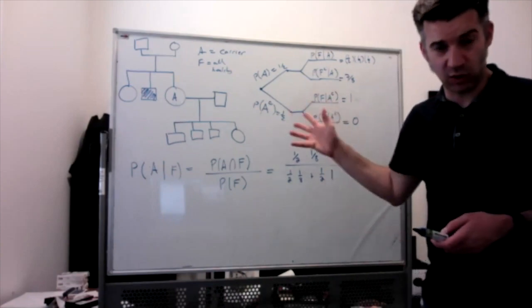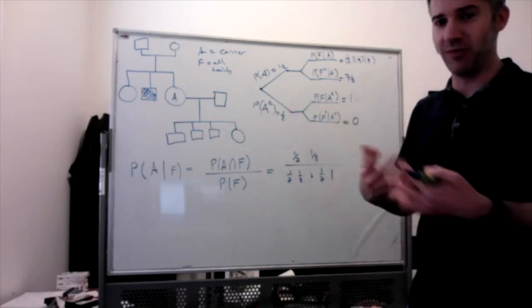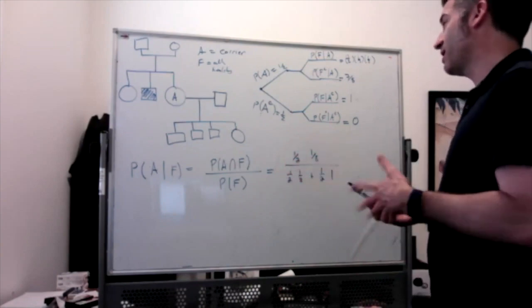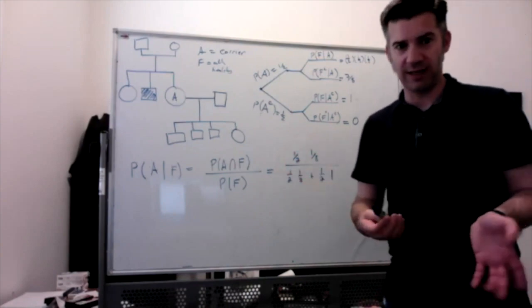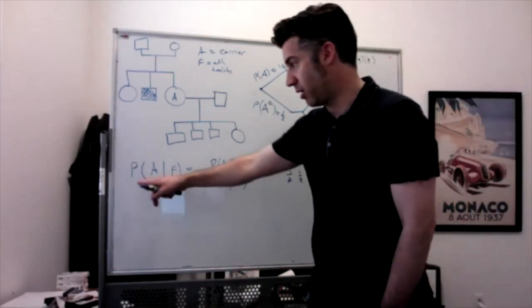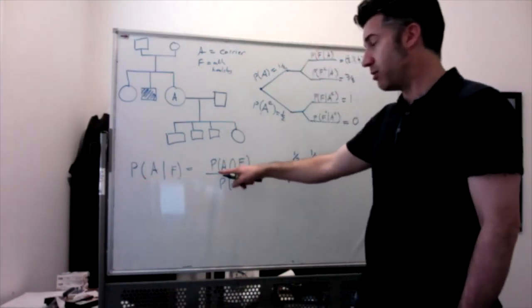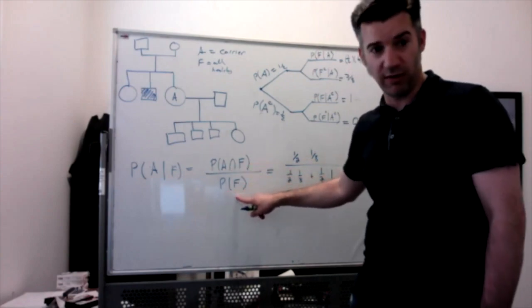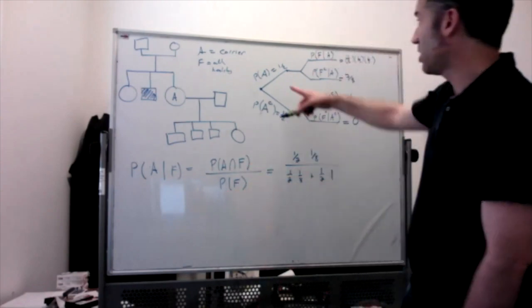The thing I like about the tree, assuming you do it right, you don't write stupid things like I just did. The thing I like about the tree is you don't really have to memorize any of the formulas, right? I mean, that's not true. You do have to memorize the formula that the probability of A given F is the probability of A and F divided by the probability of F. But then you can just look at the tree to see the rest.